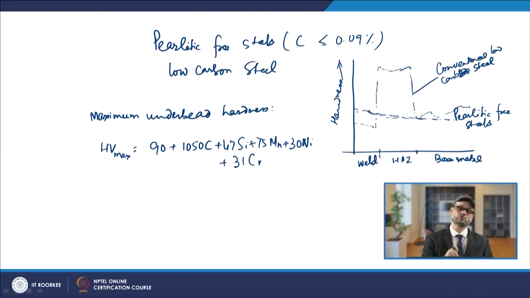Normally it is supposed to be a maximum of up to 350 or 400 Vickers hardness, because for low alloy steels in the area of creep temperatures, it is even stricter. Accordingly, for different requirements, the limit on these values is to be kept in mind, because that may lead to failure of the material under different conditions.